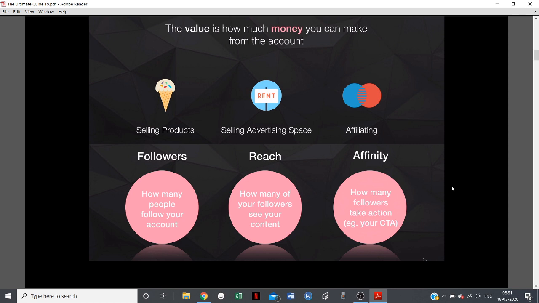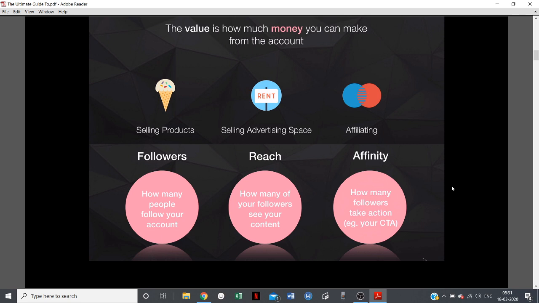Now, affinity is what we are aiming for. Did your content connect with the audience, and did it have a call to action? Were your followers inspired enough, engaged enough to actually take the next step? Let's say you ran a campaign saying offer valid for the next 24 hours.